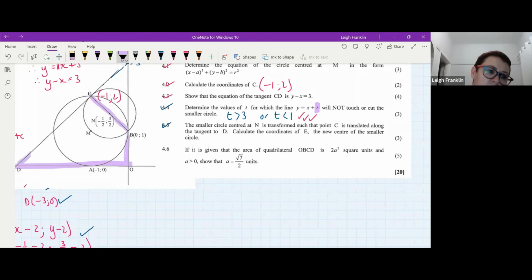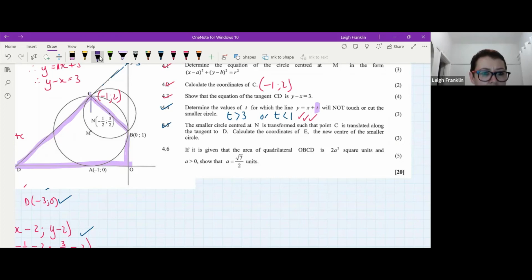OBCD is 2a squared units, and a is positive. Show that a is equal to √7/2.